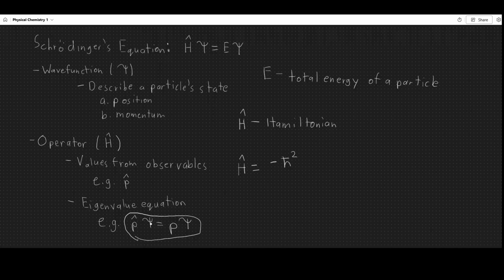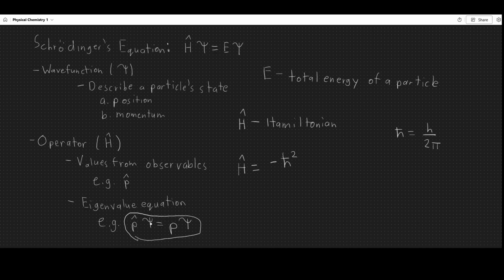H bar is Planck's constant. You might have guessed that from just the h, but it's also divided by 2 pi. So h bar equals h divided by 2 pi. And so you'll see a lot of h bars in physical chemistry instead of just Planck's constant. And so I'll be using h bar throughout this series.